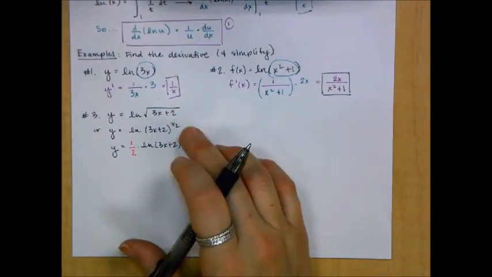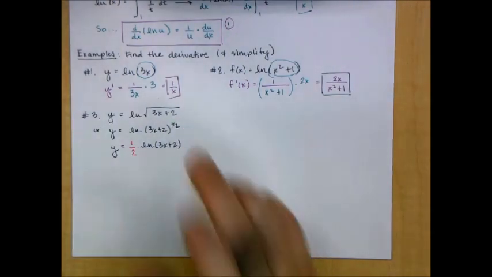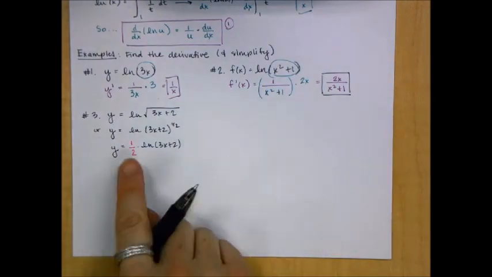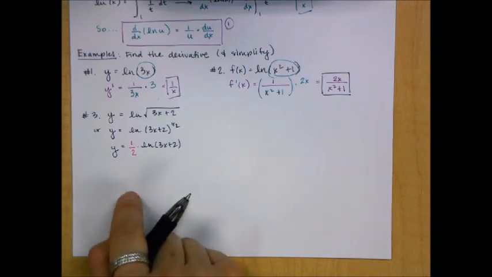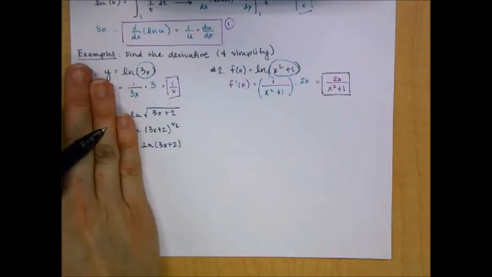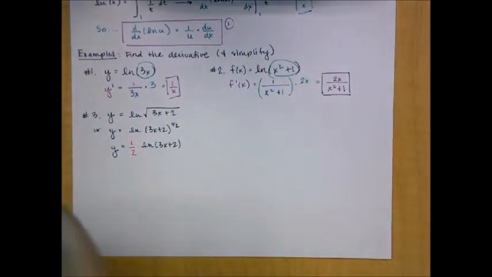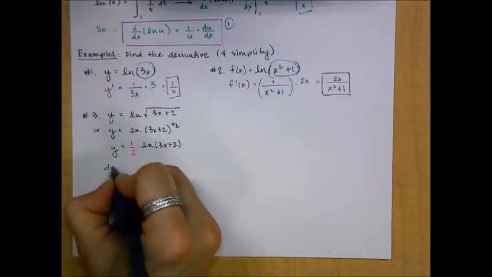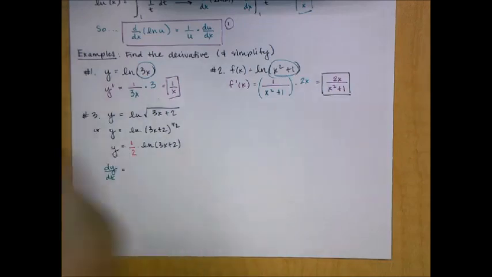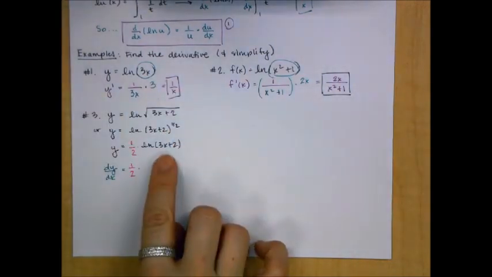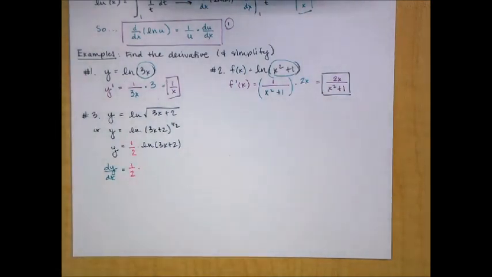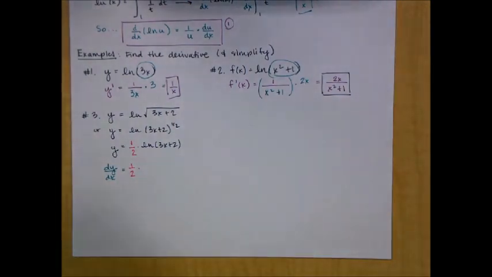So now we want to take the derivative. 1/2 is just our coefficient, and we just keep the coefficient going along with us. We'll just take the derivative of the remaining piece like we've been doing with the last two problems. So dy dx, we're going to keep that 1/2 out front. Okay, and be really careful here. The derivative of a natural log is always 1 over whatever's inside.